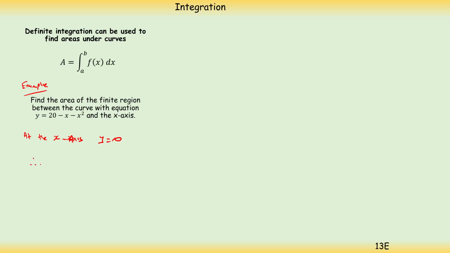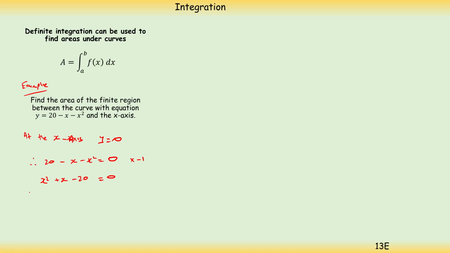So therefore 20 minus x squared is equal to 0, and I don't like having a negative, so I'm going to multiply the entire thing by minus 1, which will change all the signs, that gives me x squared plus x minus 20 equals 0. It's the same thing as taking everything over to the right hand side.